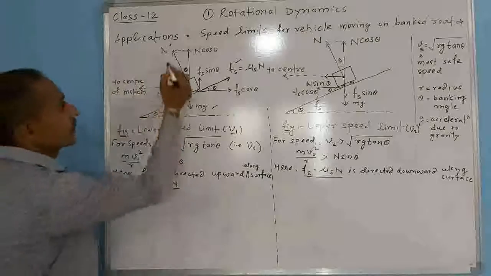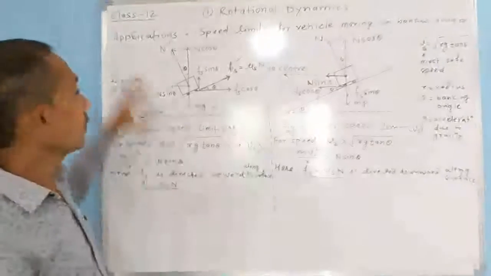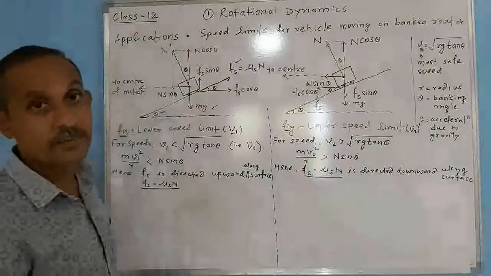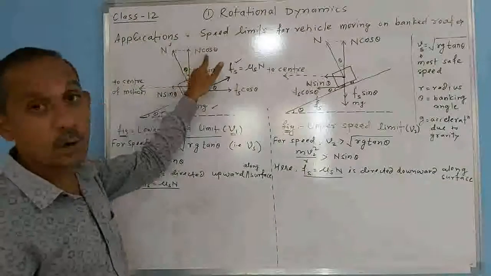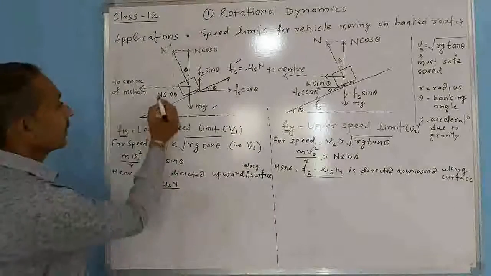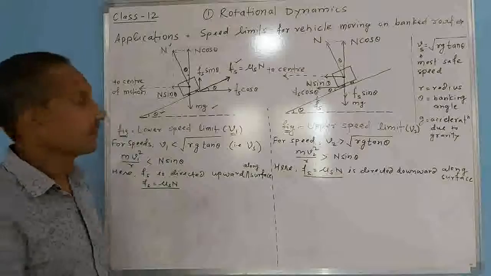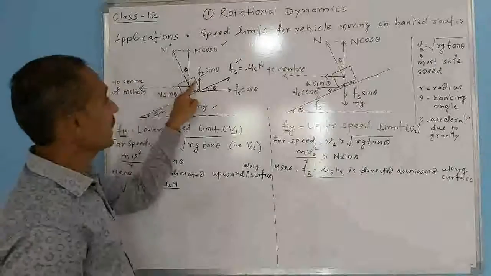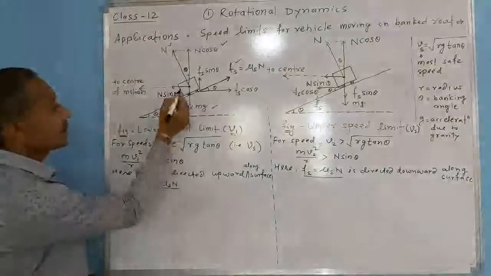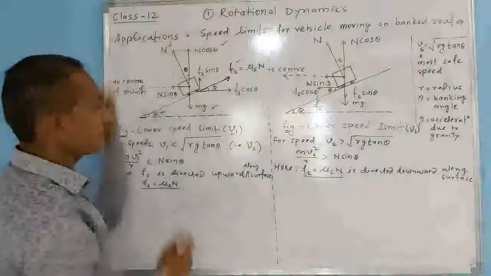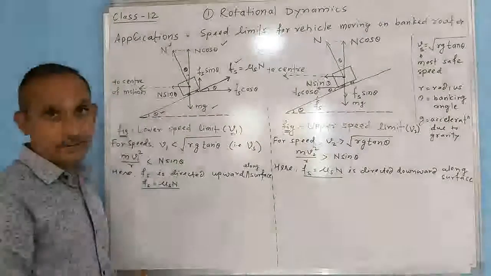Now the components of the normal reaction along the vertical upward direction will be N cos theta. Along the horizontal direction, it will be N sin theta. So this is the first component of the normal reaction force acting in the vertically upward direction, and this is the second component of the normal reaction force acting in the horizontal direction.